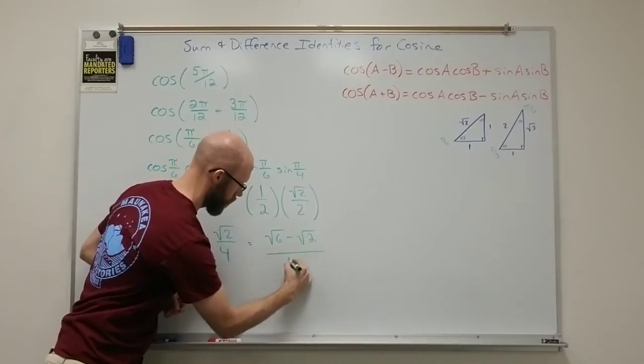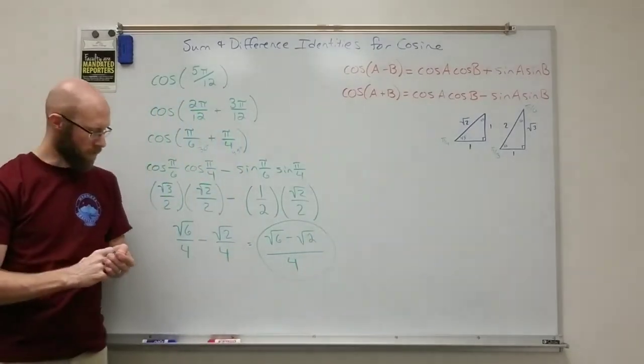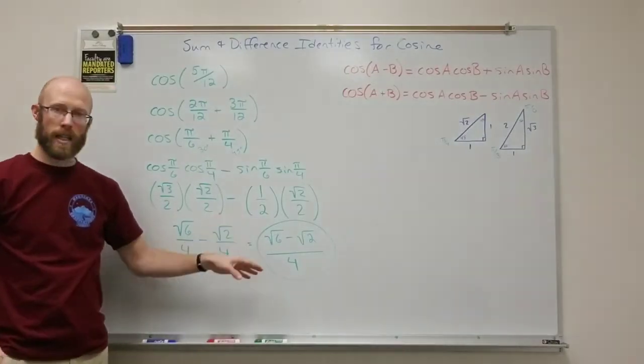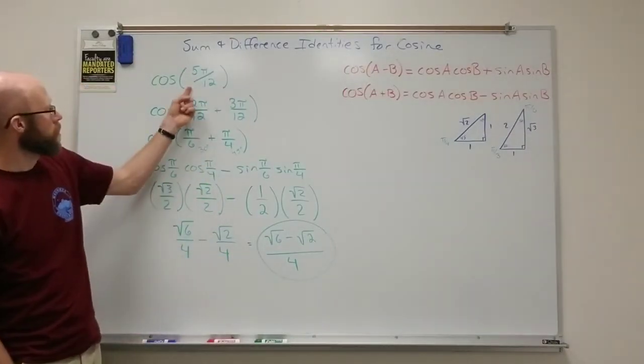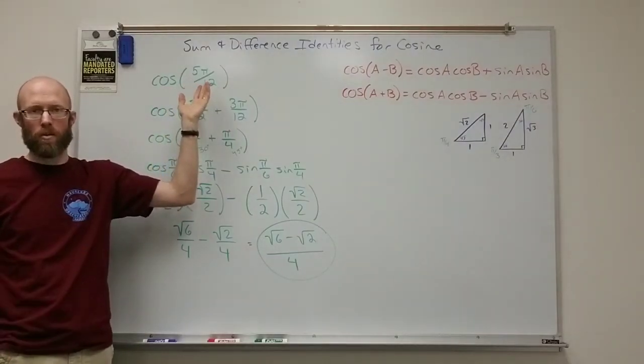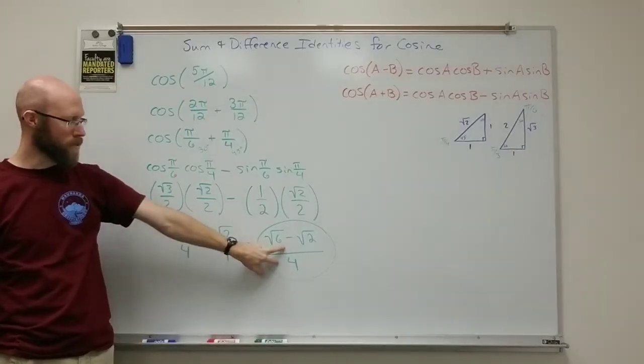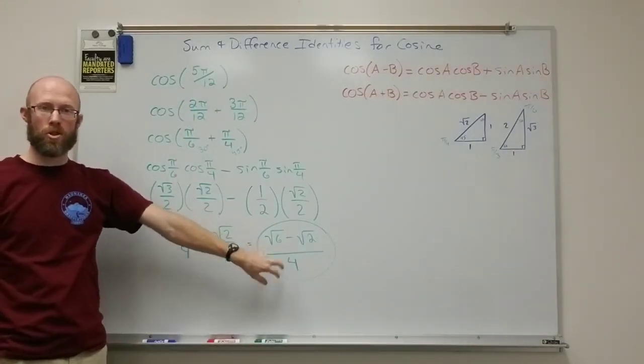all over 4. Right? Again, I could verify this on the calculator by typing in cosine of 5 pi over 12, so make sure it's in radian mode, and then type this guy in, and your decimals should be the same.